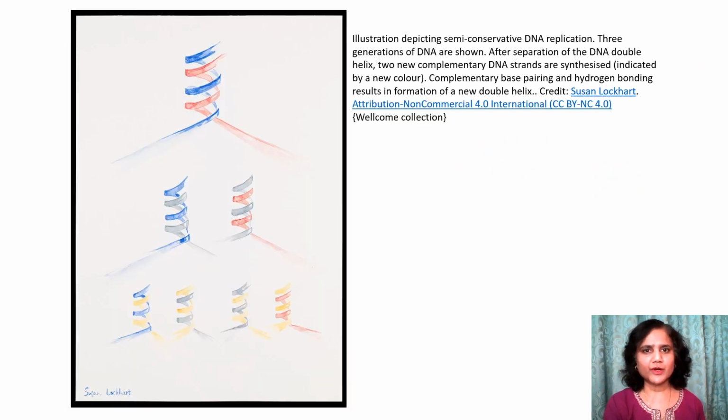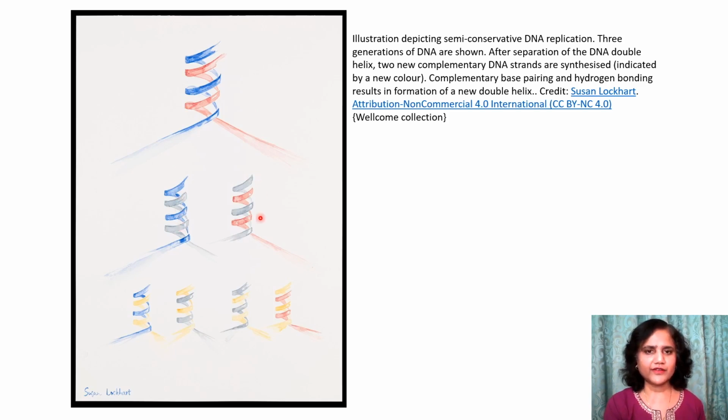One possible model was the semi-conservative model for DNA replication, which is illustrated in this slide. The two parallel strands separate. Each serves as a template for the synthesis of a new daughter strand by complementary base pairing.